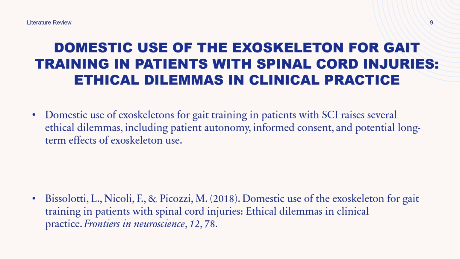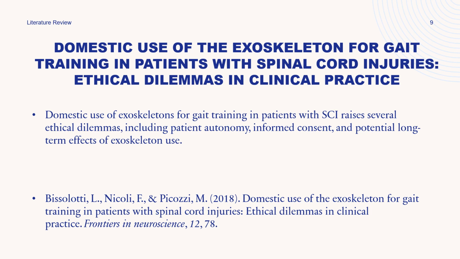The use of exoskeletons for gait training in patients with spinal cord injuries at home presents ethical challenges related to patient autonomy, obtaining informed consent, and the possible long-term impacts of using these devices. One of the main issues is patient autonomy and informed consent: patients must be fully informed about the benefits and risks of exoskeleton use and have the right to choose whether to use the device.